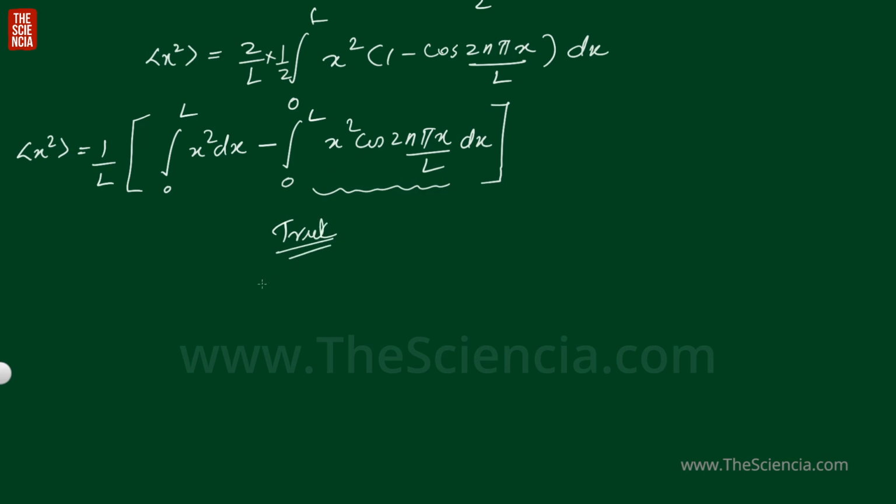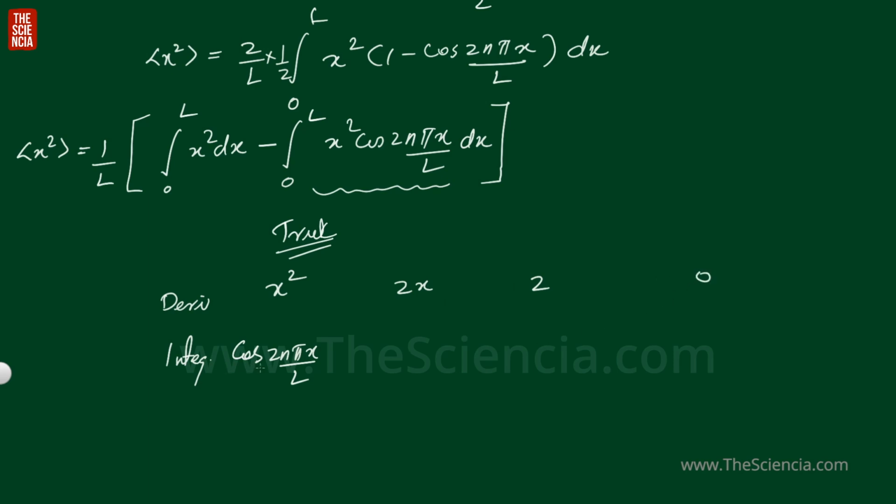We have to write this x square here and we have to write this term here, that is cos 2 n pi x by L, and we have to take derivative of this term and take integral of this term. That is, derivative of x square is 2x, and again we take its derivative, so we get 2, and again take its derivative, we get 0.